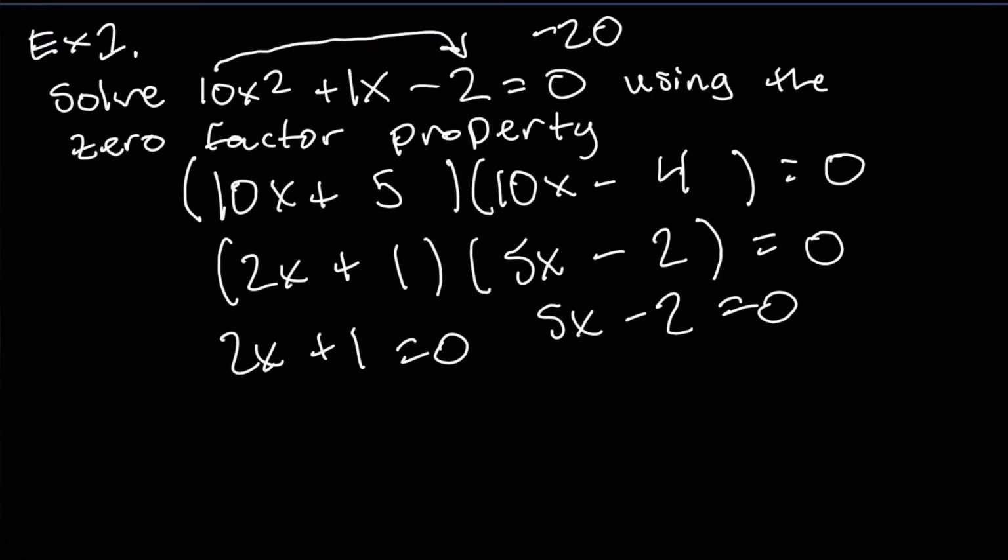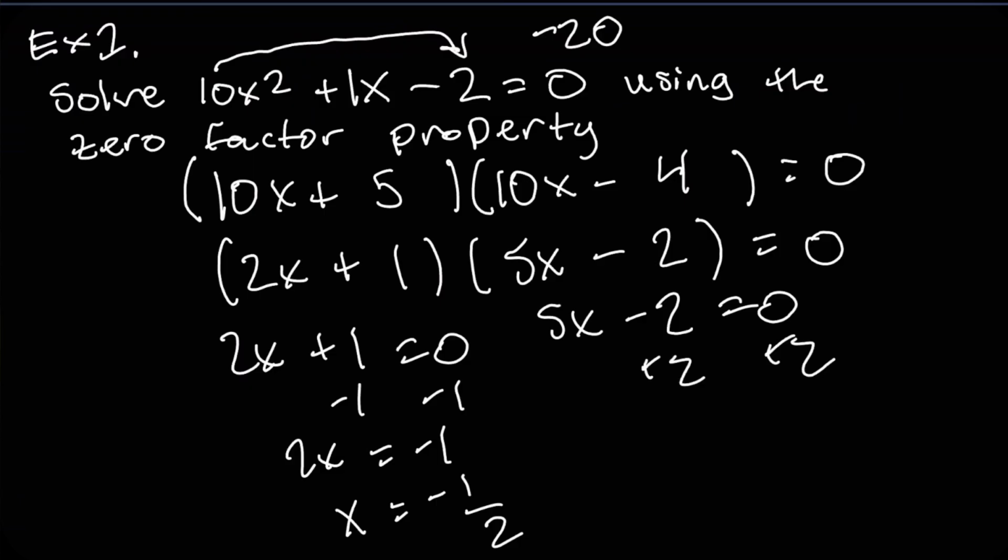So if we solve for x in both of these two equations here, go ahead and subtract a 1. We have 2x equal to negative 1. So we'll get x is equal to negative 1/2. And then let's go ahead and add a 2 to the other side. 5x is equal to 2.